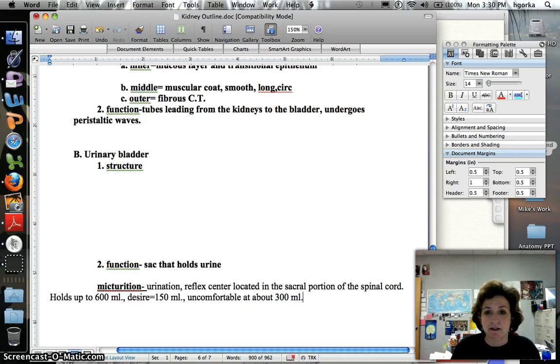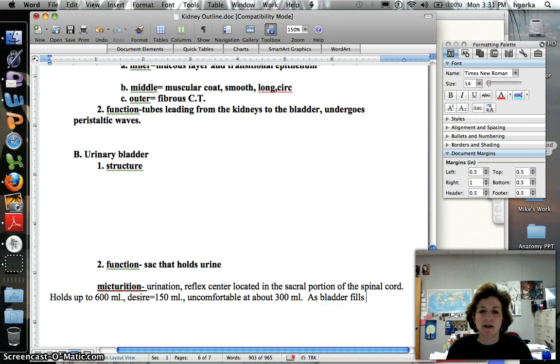So when your dad says, hold it, you're on a big long trip and they don't like to stop, it won't hurt you. As your bladder fills, it creates pressure against the walls of the bladder, stretching the smooth muscle layer.